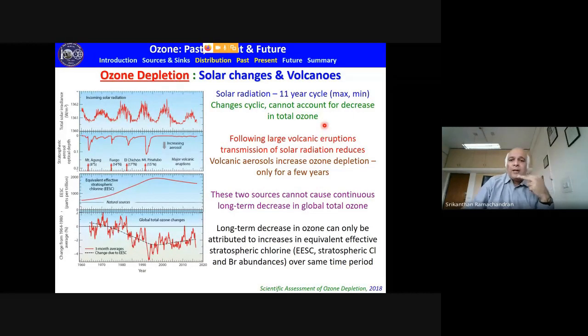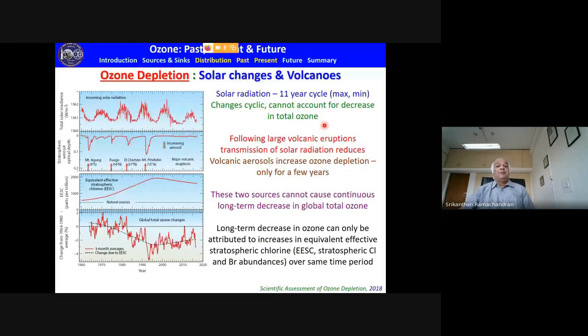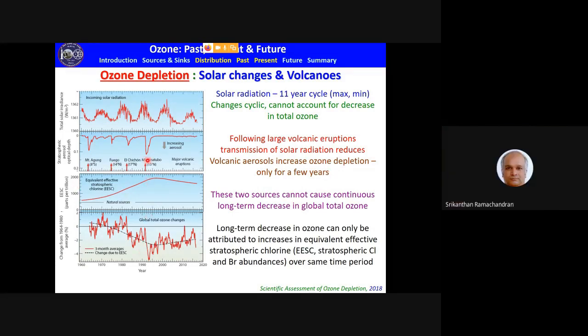And then we know that following large volcanic eruptions, the transmission of solar radiation reduces. Because of this, the amount of aerosols that is present in the stratosphere, as we saw before, can actually deplete ozone. It can deplete ozone significantly only for a few years, which can be easily accounted for. After every volcanic eruption, you can see that there is a small dip in the value of ozone.